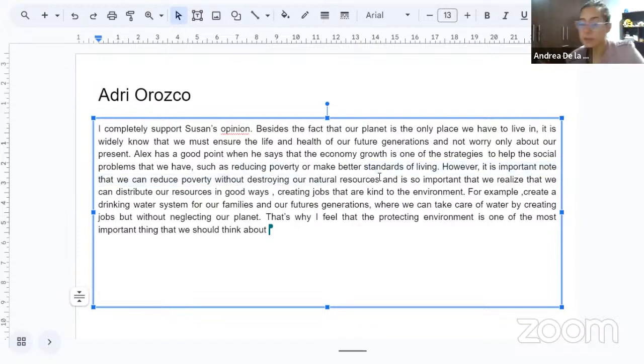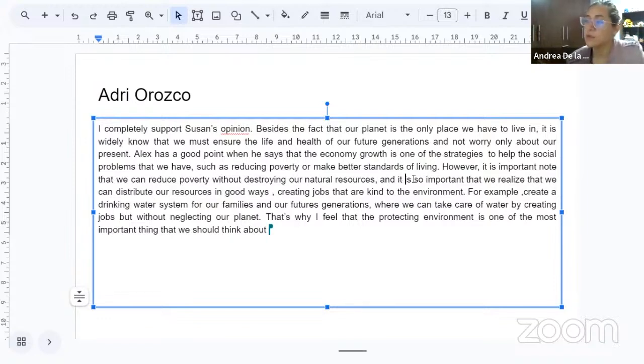Maybe for the grammar part, don't forget when you have the word "and" joining two independent clauses or two different ideas, to make it easier, you have to use a comma before. "And it is so important that we realize that we can distribute our resources in good ways."